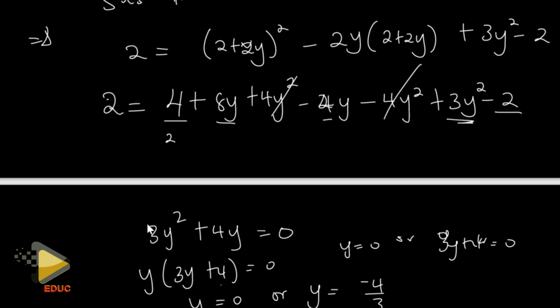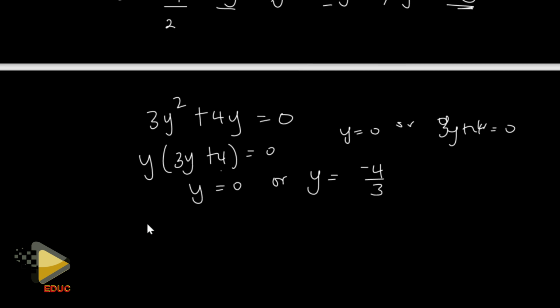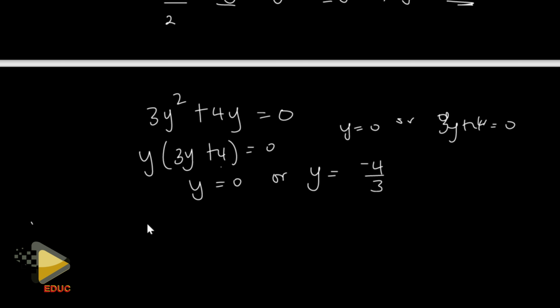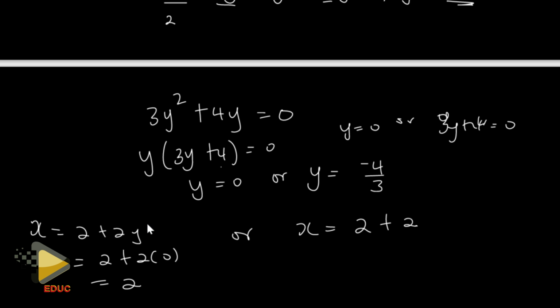Then if that is correct, I just need to get these numbers for these values and substitute them into equation star, which is 2 plus 2y. Okay, we said x is 2 plus 2y. So if y is 0, x is going to be 2 plus 2 times 0, which gives us a 2, or x is going to be 2 plus 2 multiplied by negative 4 over 3.